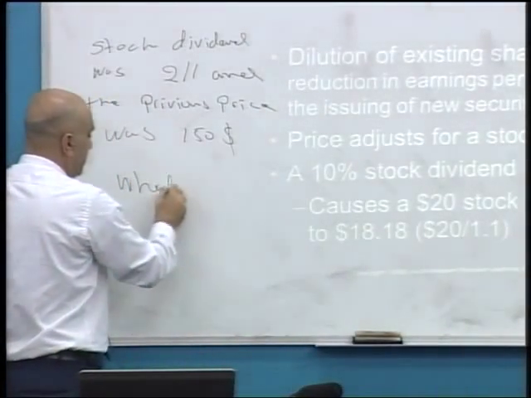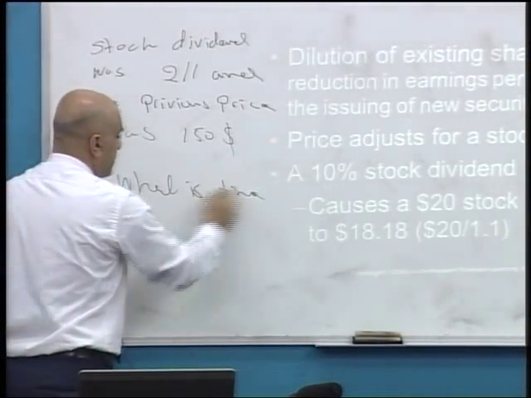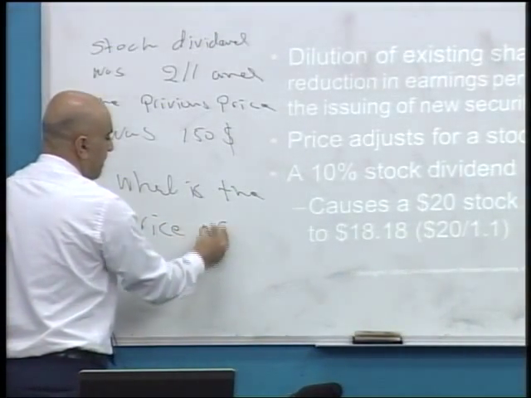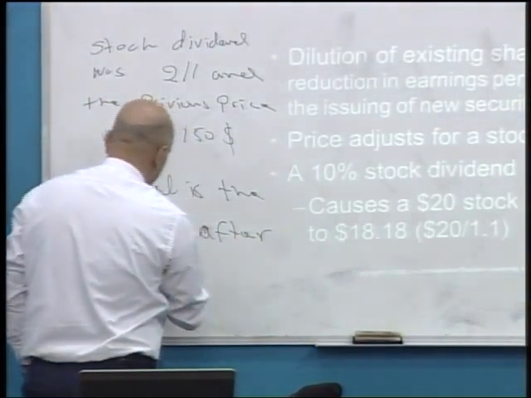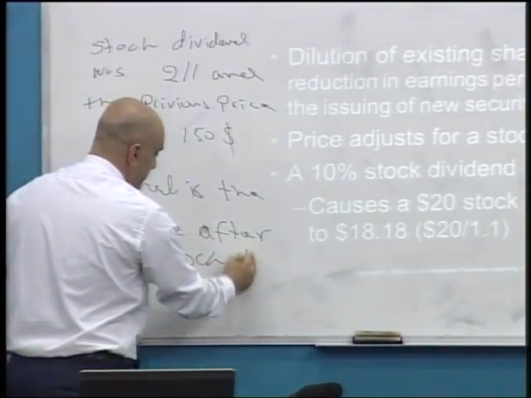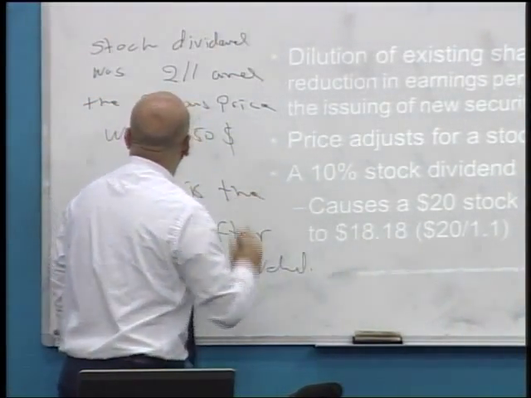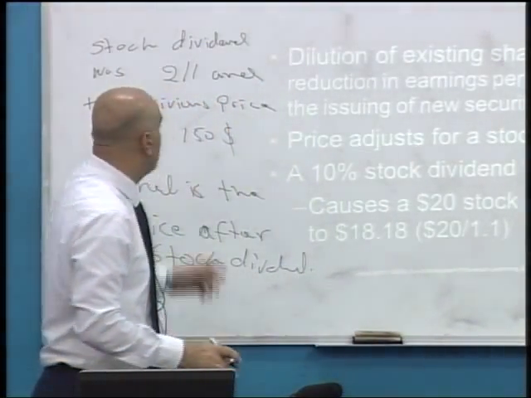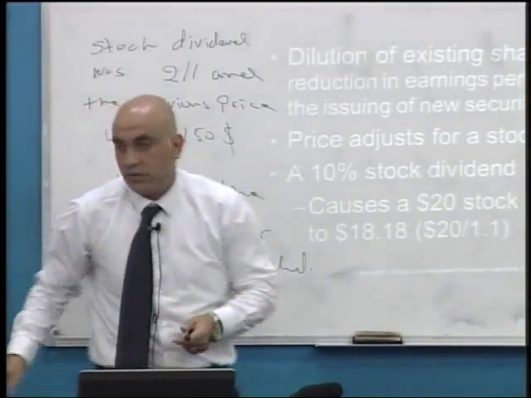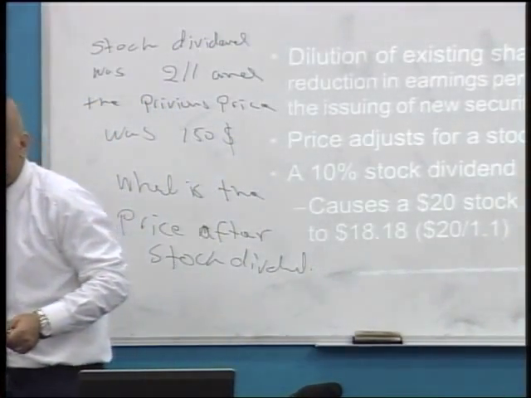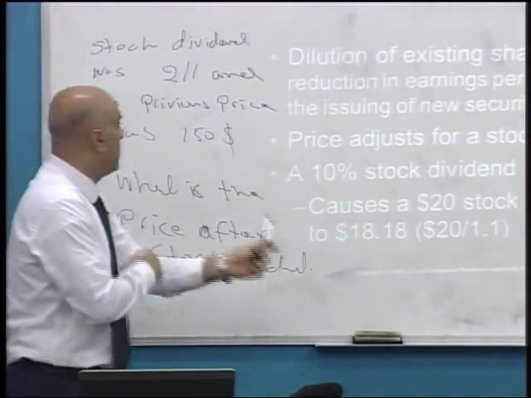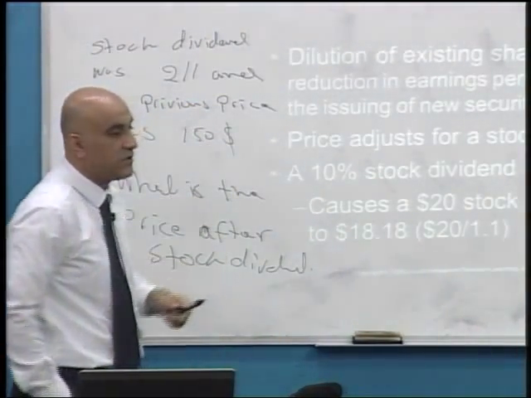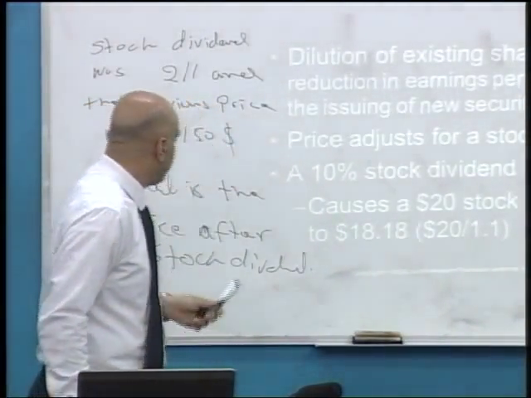What is the price after the stock dividend? First of all, you should know how to read 2-1. It means 2 shares for 1 share. So how do you calculate this?